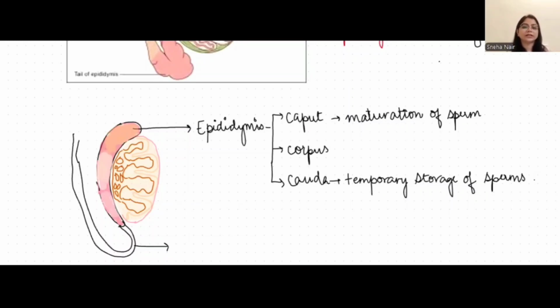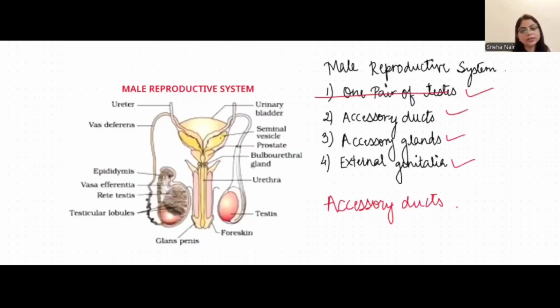Now, after epididymis, from the lower part of the epididymis, that is from cauda, arises another duct called vasa deferens. So vasa deferens first moves downwards in the scrotum, then it moves upward in the inguinal canal, and then it takes a loop over the ureters.